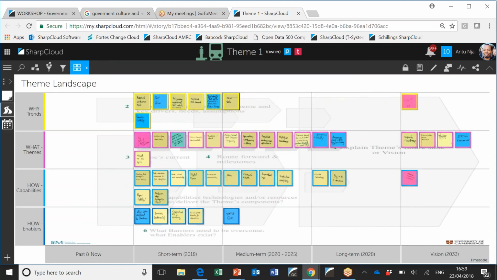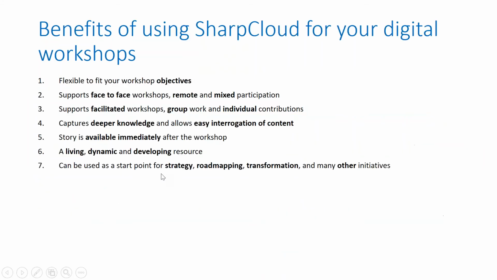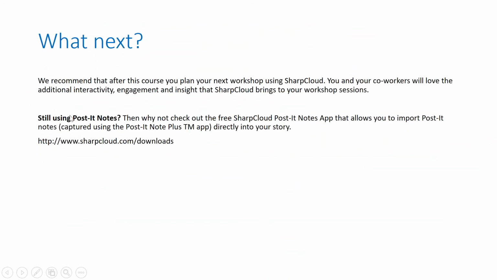Now, what you'll notice is all of these items in SharpCloud actually have the post-it note captured onto the face of the item, and that was done through the SharpCloud post-it note app. So we have a free app available in our download area that you can use to take the outputs from the official Post-it Note Plus app, which is something you can get on your iPhone.